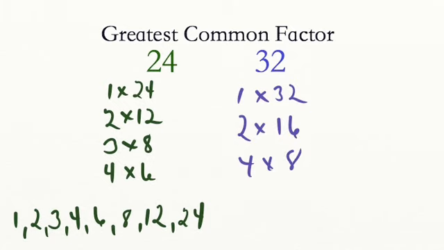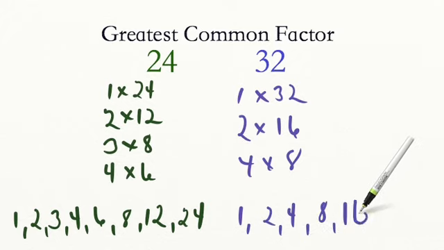Those are the only factors for the number 32, so let's list those: 1, 2, 4, 8, 16, 32. It's very important that we write these numbers in order from least to greatest, so that we can keep our information organized.